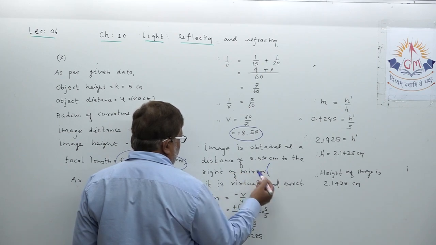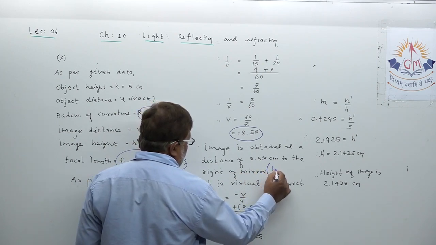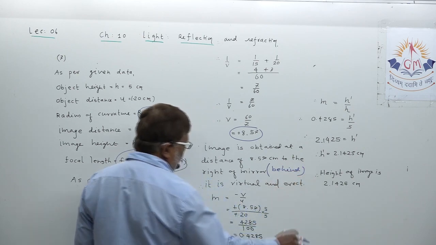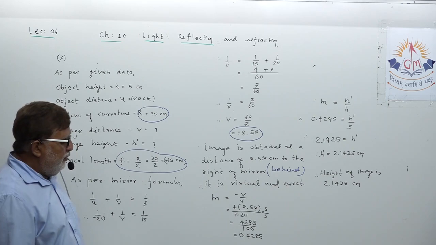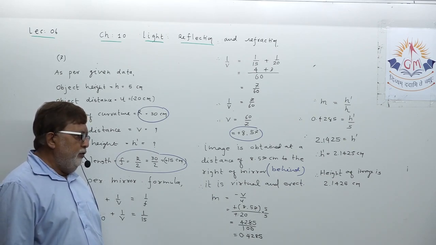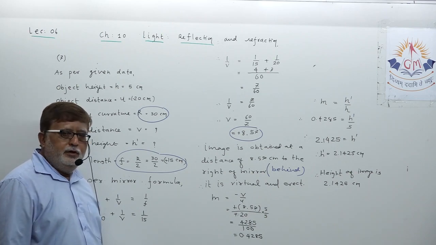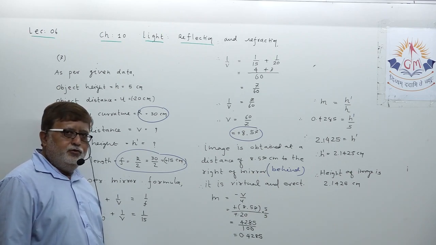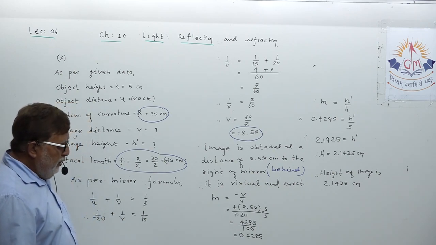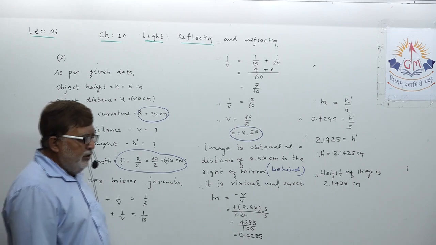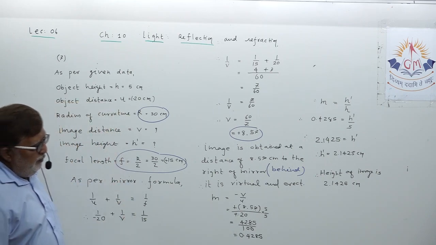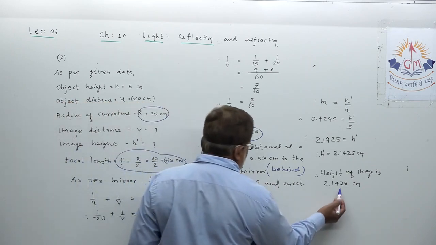Instead of right of mirror, you can utilize this word, dear student, behind the mirror. It's all okay. Both words actually convey the same meaning. And because V is positive, you can say image is virtual and erect and obtained behind the mirror. Then we found out m magnification minus v upon u. Substitute the value and find the height of the image.